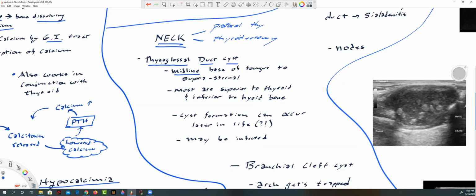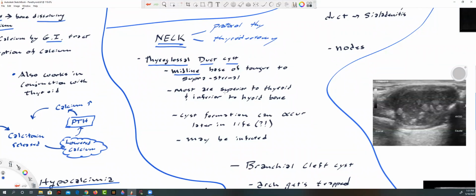They traveled down through the thyroglossal duct. In utero, that duct was supposedly completely closed off, and so it should be completely obliterated. But sometimes it doesn't. So we find these thyroglossal duct cysts.